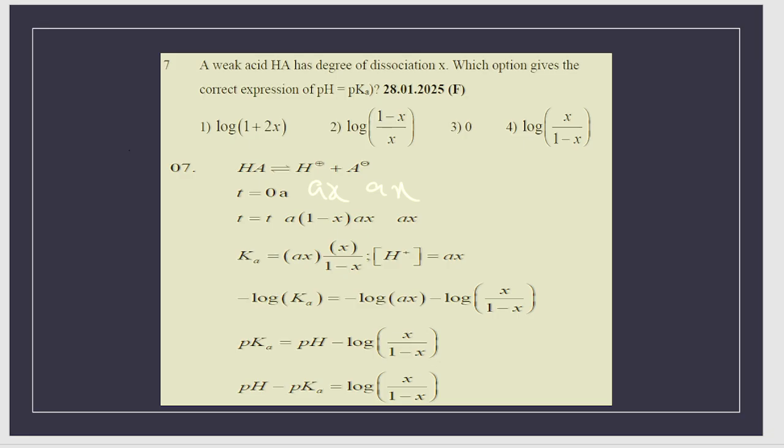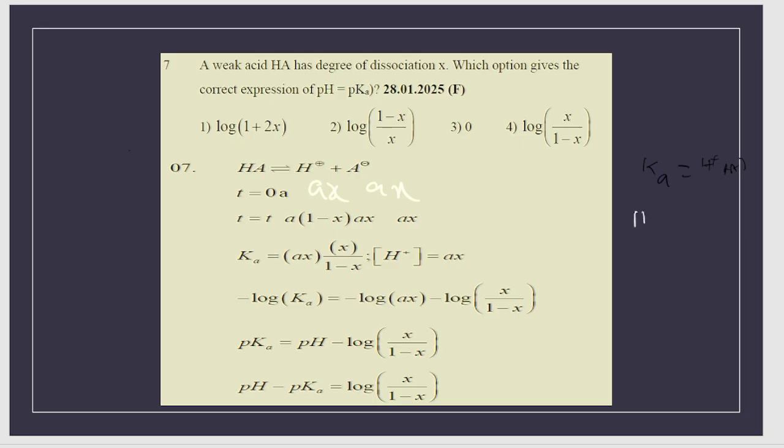Once again, here, how to write the Ka expression? H plus ion concentration into A minus ion concentration. Yeah, let me take the white color pen here.